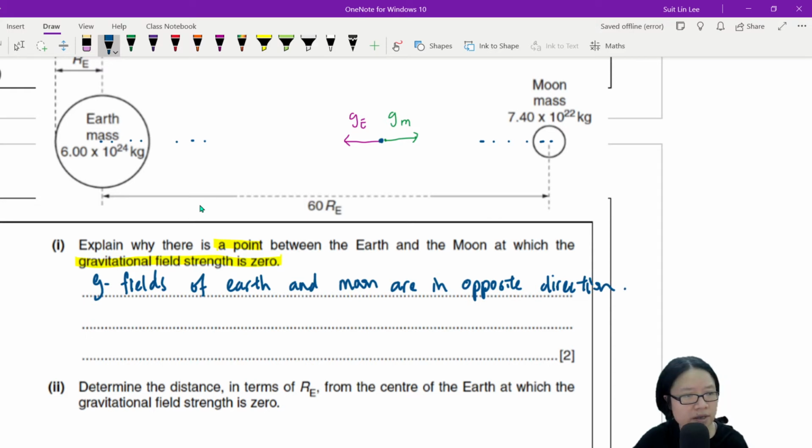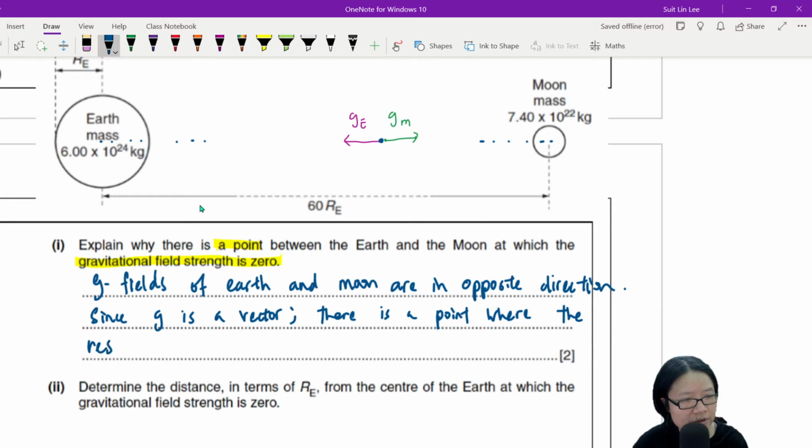Then you can say, since gravitational field strength G is a vector, there is a point where the resultant field, the resultant G, is 0, because the magnitudes are equal.